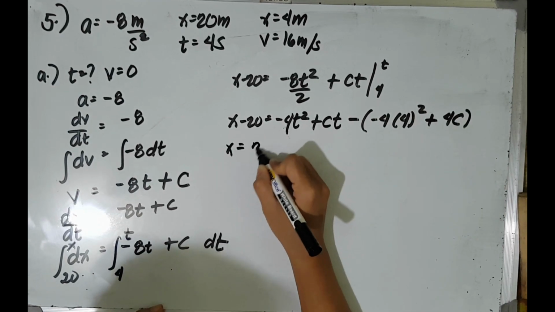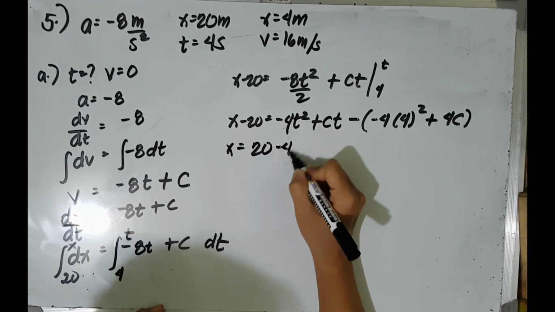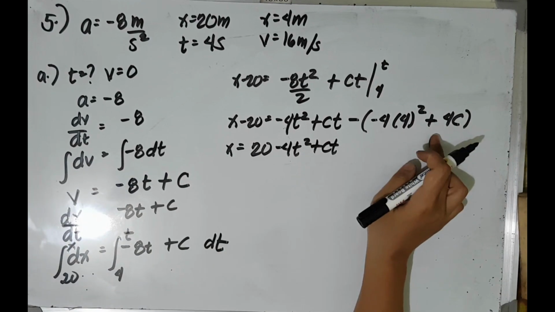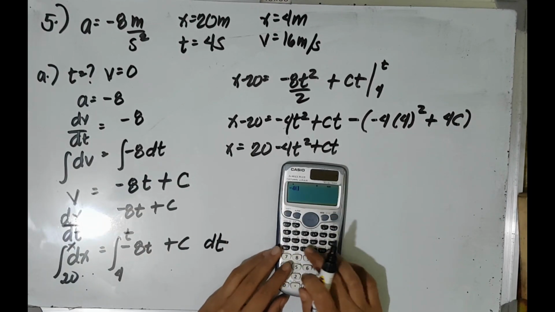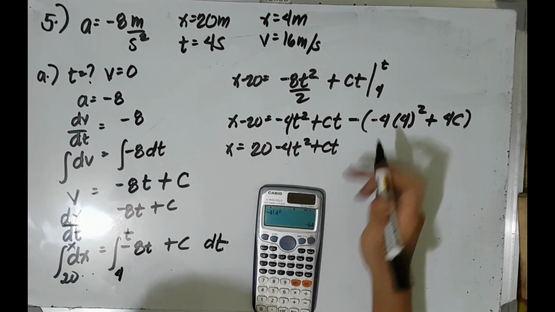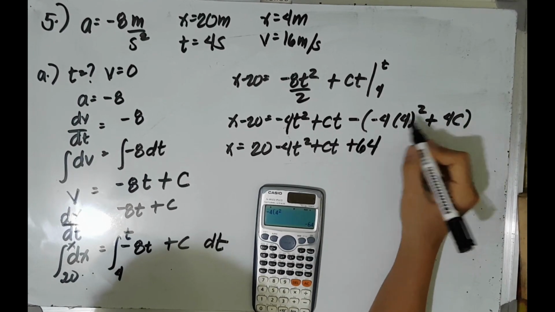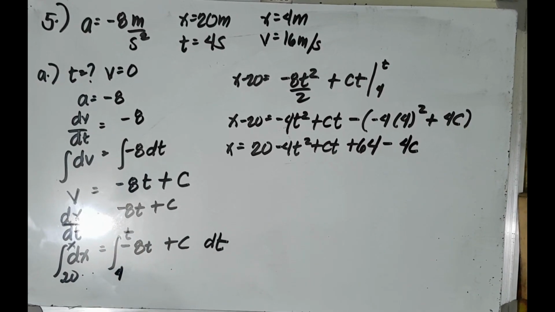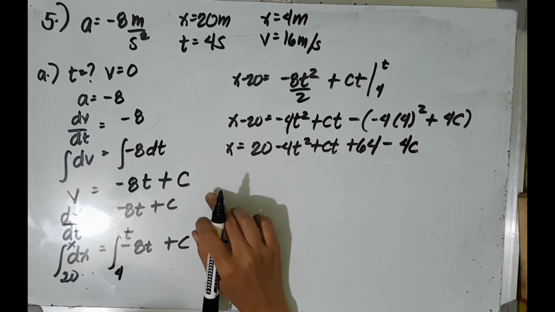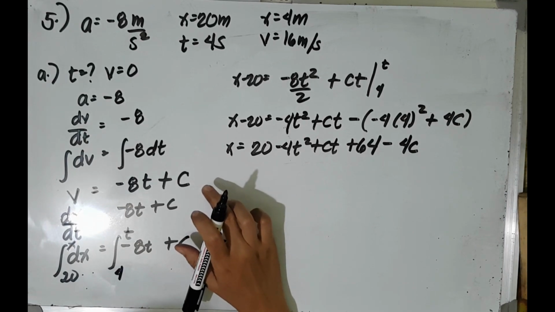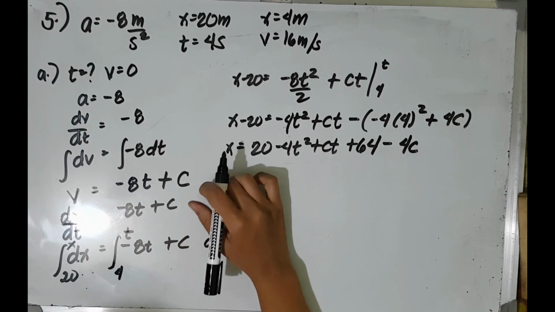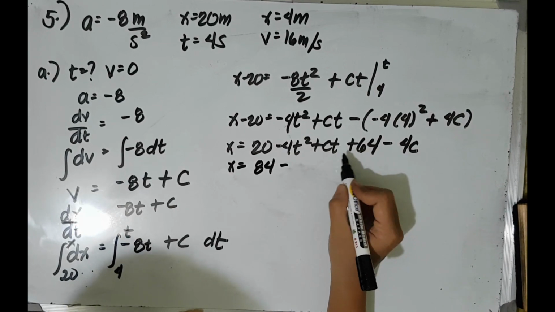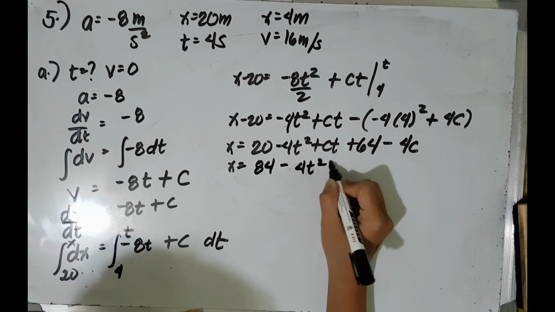So simplifying it further, x is equal to 84 minus 4t squared plus ct minus 4c.